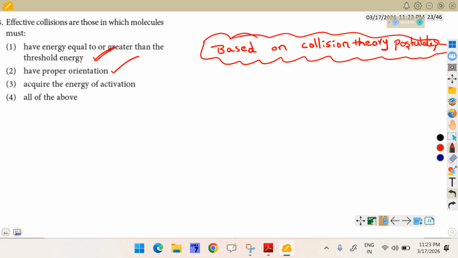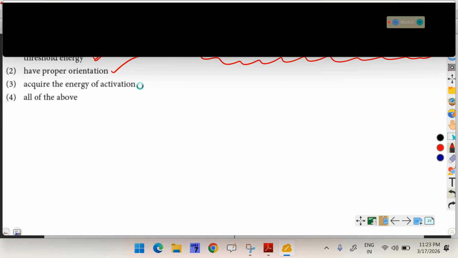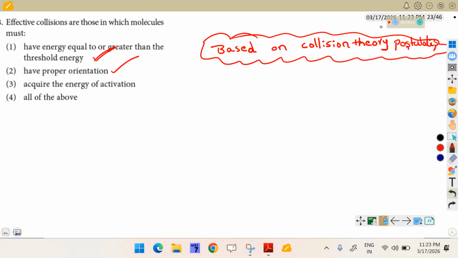Proper orientation takes place, fruitful collisions are possible and it gives product. Improper orientation takes place, then the collisions are considered as not fruitful collisions and do not give product. Acquire the energy of activation. This is also correct. So based on this, the correct option is the fourth option.